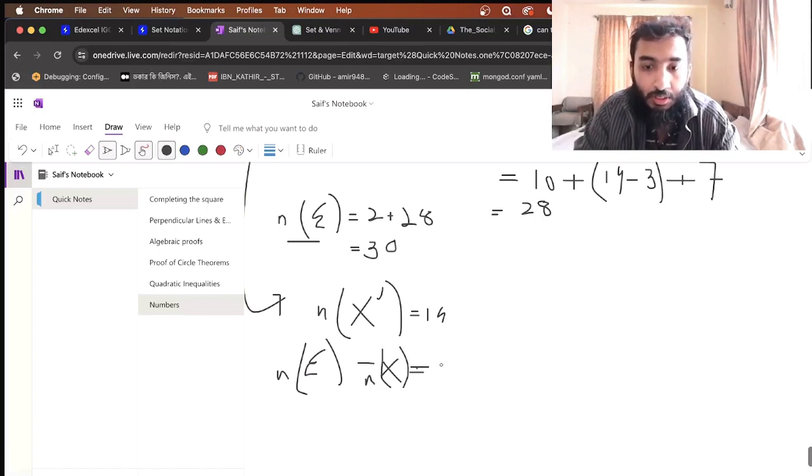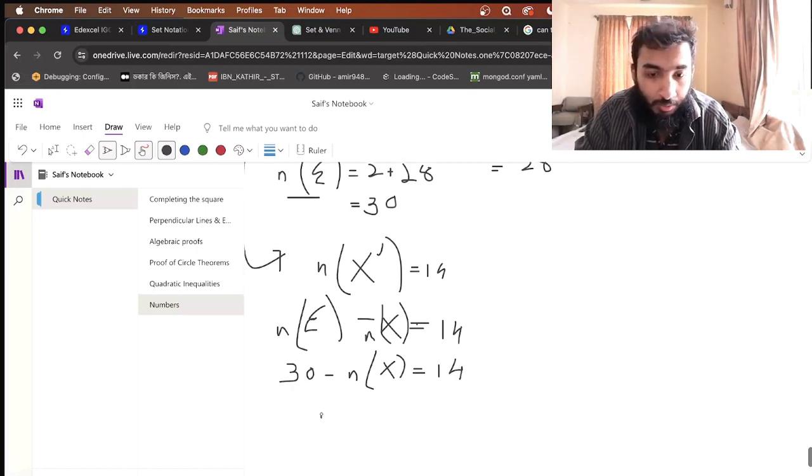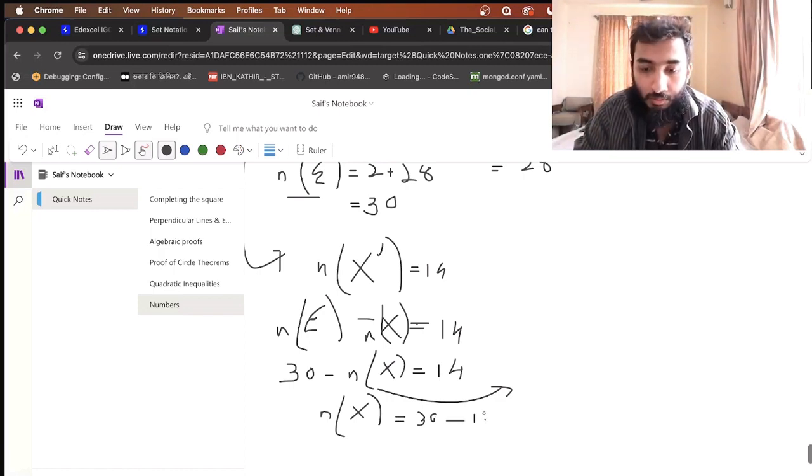We know that the number of elements is 30, so 30 minus the number of elements in set x, which is 14. So the number of elements in x would be 30 minus 14, which is 16.